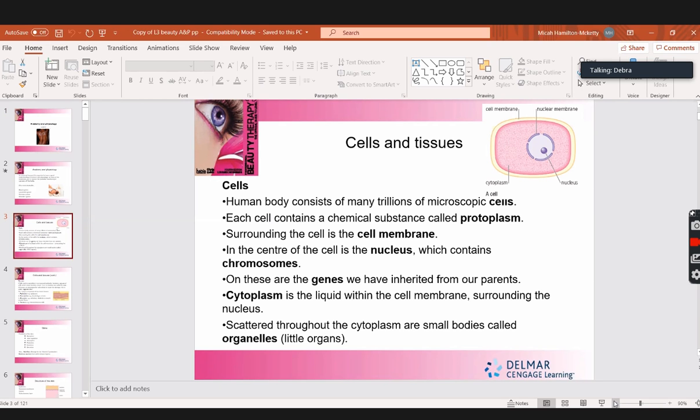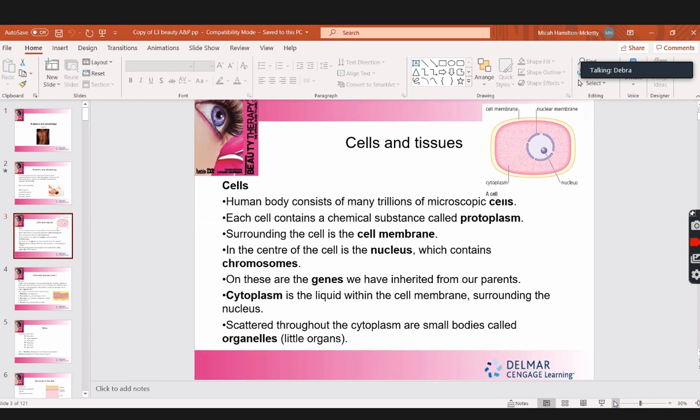And we've got that in sort of a whitish color. So it's the outer surround of the cell. In the center is the nucleus. So we can see the nucleus in the middle, that's where new cells are made. Yes?